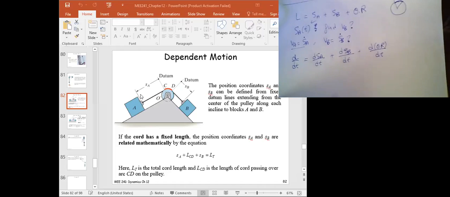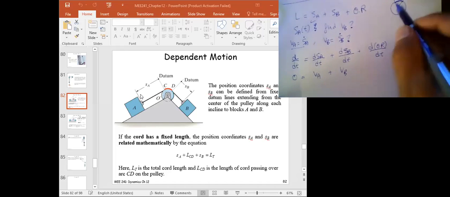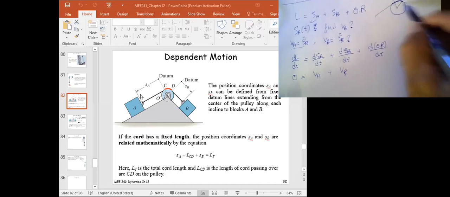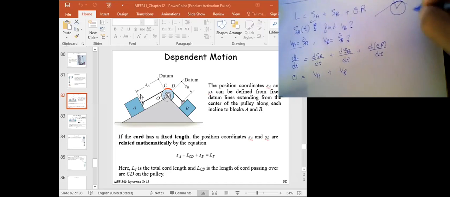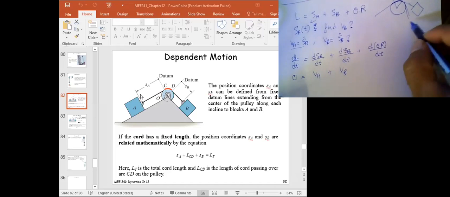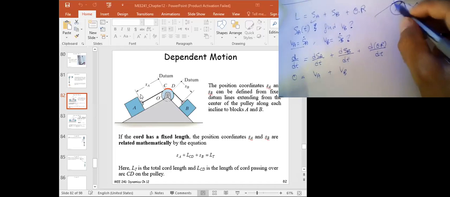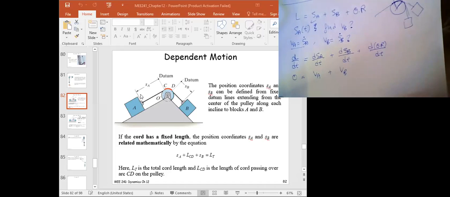We know the length of the cable is not changing, so this is going to be 0, equal to VA plus VB. Is angle theta here changing? No, so it's zero. It's always fixed, but sometimes the angle could be changing, and then you'd have to incorporate that. But in this case, the actual engagement along the pulley is not changing, so this is 0. So there you have it.